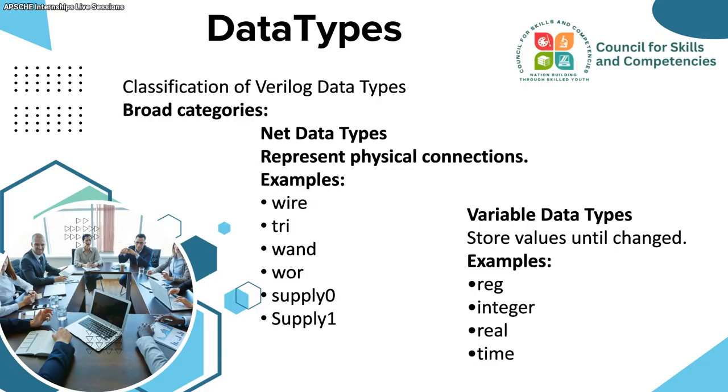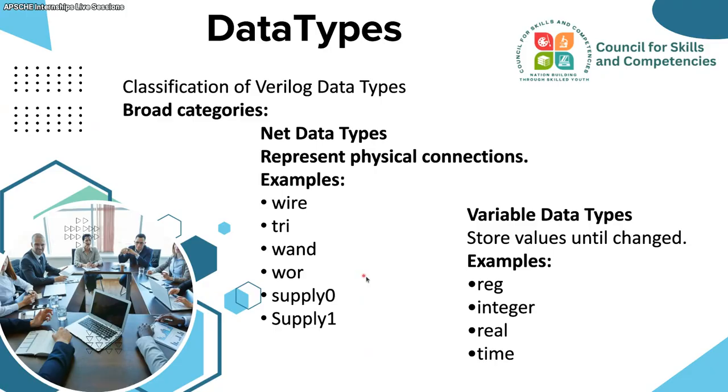Then there are tri, wand and wor, which are wired-AND and wired-OR, and supply0 is ground and supply1 is VCC power supply. Okay, so these are the things we use.